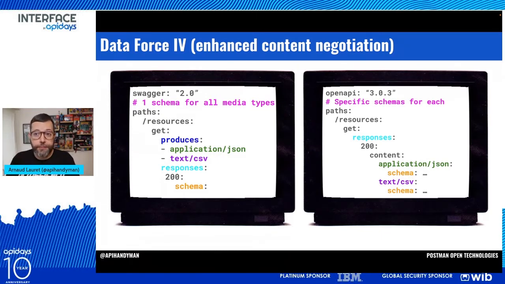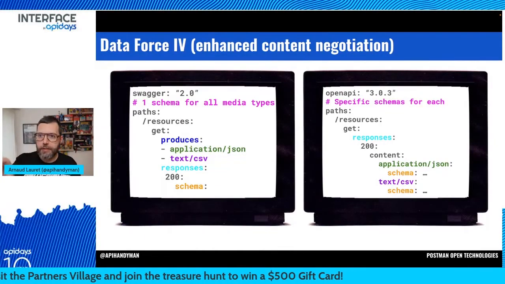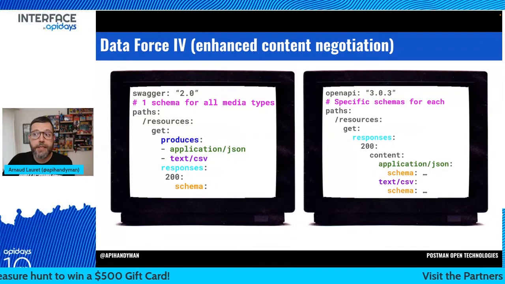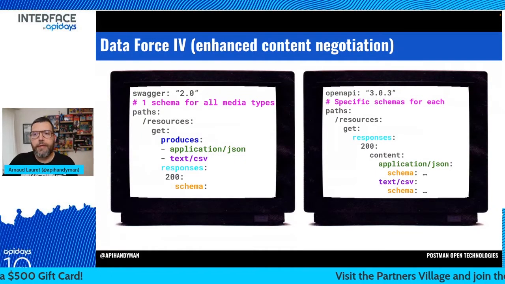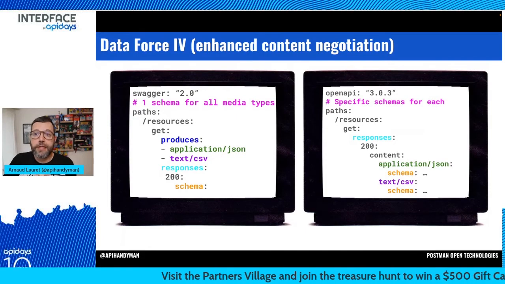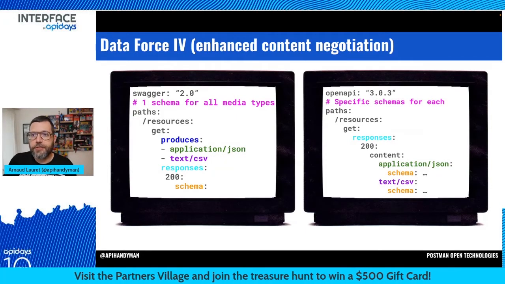With OpenAPI 3, the produces property has been removed, and now you define the content type of the request body or the response body inside a content property, using specific keys like application/JSON or text/CSV. And so you can define a specific schema for each content type. That allows a better definition of your API if you take advantage of this HTTP feature.